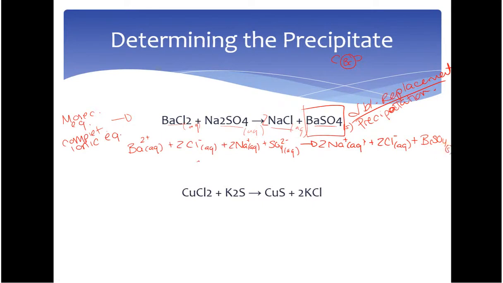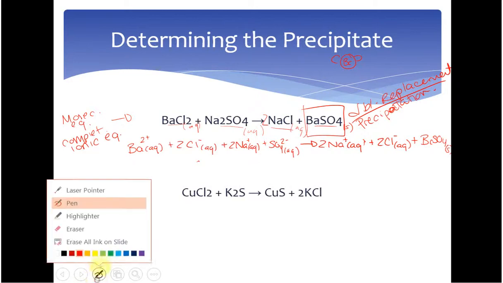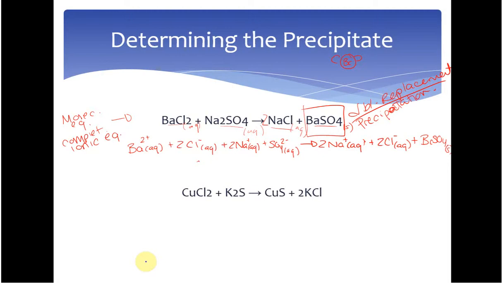Now, it's great to talk about the complete ionic equation. However, chemists are lazy. We really only want to talk about what's changing, what's really going on. And so we're going to get rid of our spectator ions, the things that are the same on both sides, and then we're going to write the net change. So if you look, sodium is the same. We have 2 sodium ions on both sides of the equation. Same thing with our chlorides.